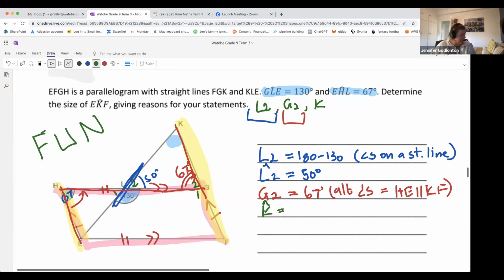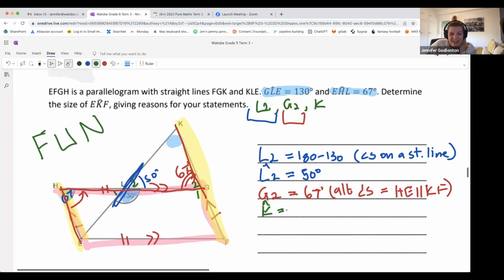What is angle K going to be equal to? So not angles on a straight line. Think about what shape it's in. Yes, 63, sum of angles in a triangle.